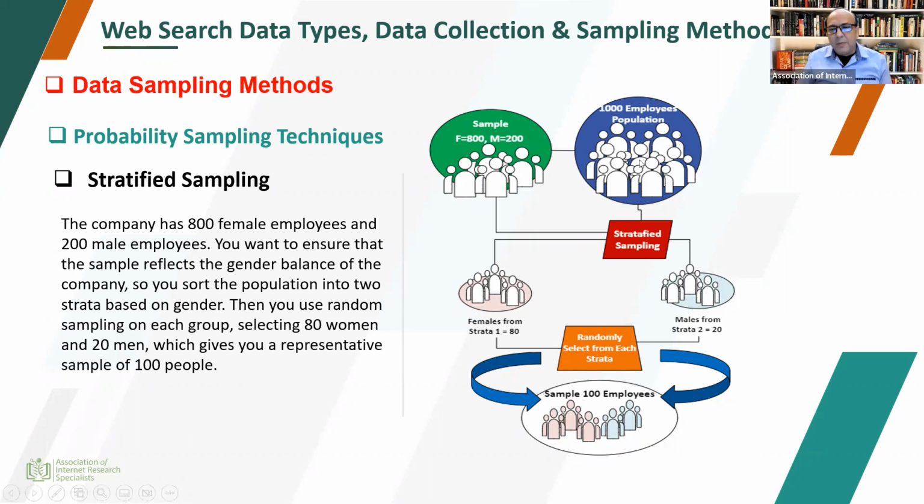So from the main population of 1,000, we know 800, for instance, are females and 200 are male employees. And if we look at what stratified sampling is, strata means that we are now going to divide them or somehow reduce the population of 1,000 into smaller strata or groups.